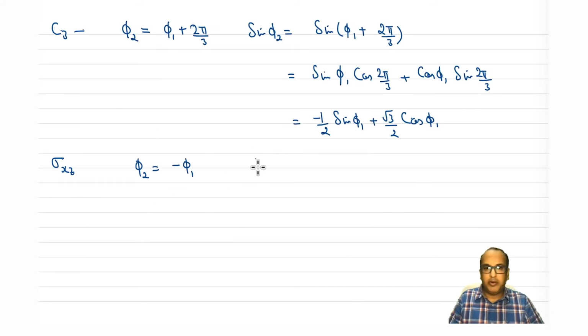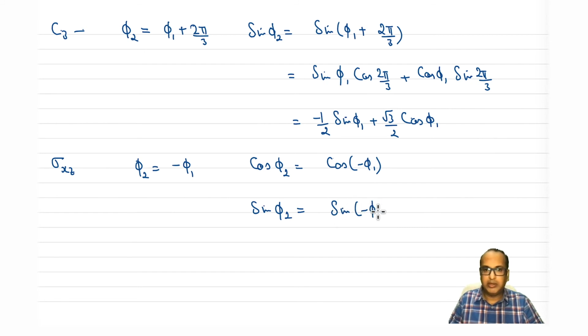So now if you want to calculate cos phi 2, this will be equal to cos of minus phi 1, and if we want to calculate sine phi 2, this will be equal to sine of minus phi 1, right?